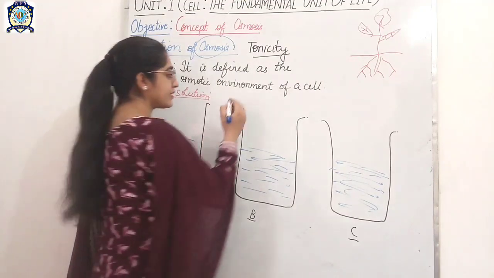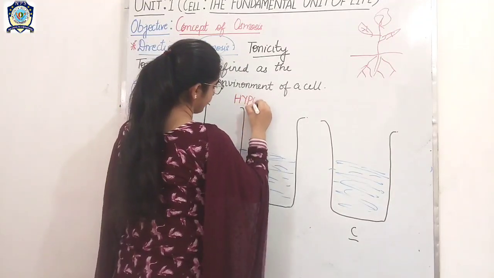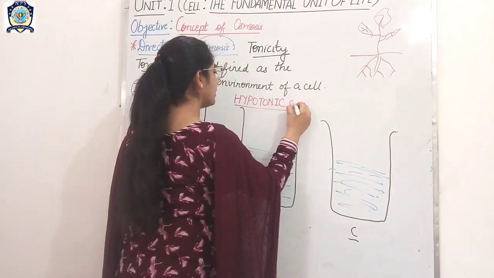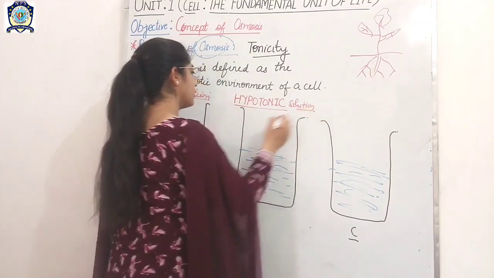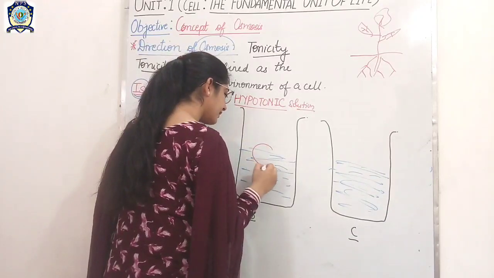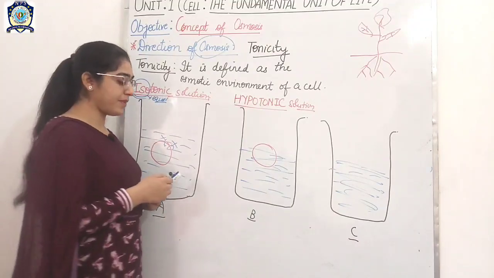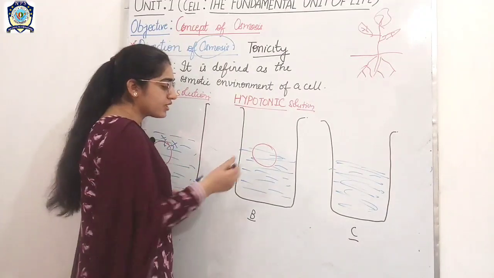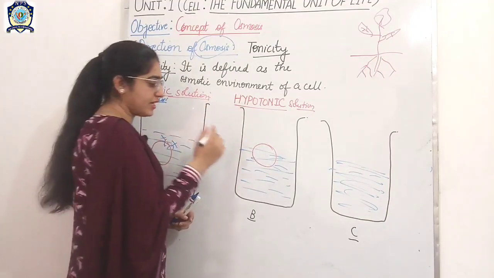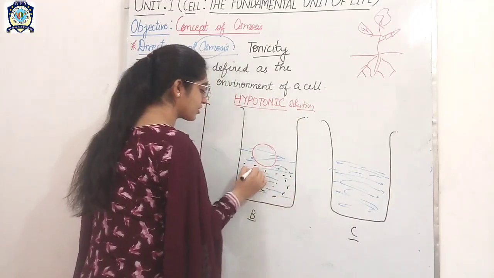In the second case, if we talk about the hypotonic solution, then what will happen? Again, if we keep the cell in the sugar or salt solution, the cell has less water concentration and the surrounding solution has more water concentration.